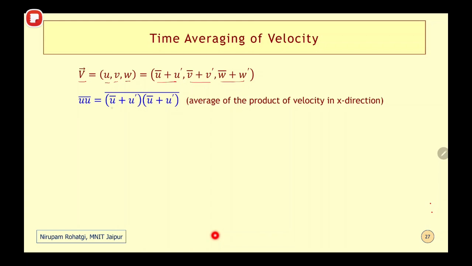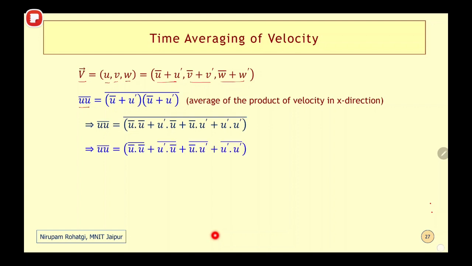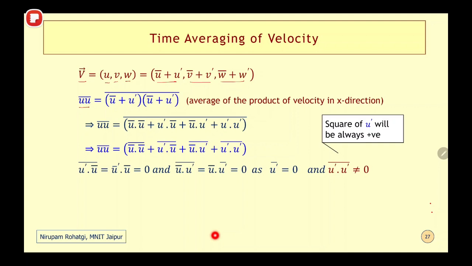Then if you want to find the average of the product of u, you are going to get these 4 terms, which we have already done, and then these 2 terms will be 0 and this term will not be equal to 0. So if there is a product of velocity, you will get these terms as extra.